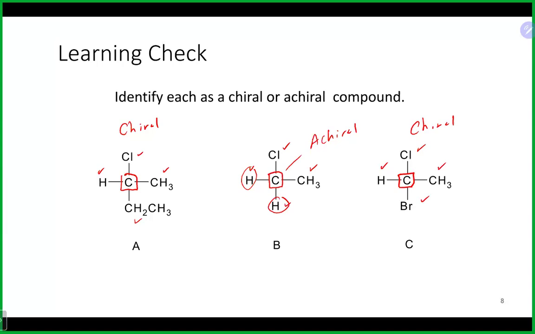And because there's only one carbon, that will basically tell you what the overall compound is, chiral or achiral. As I mentioned before, you can have, definitely with carbohydrates, as we'll see, multiple carbons in it. And you can have some carbons that are achiral in the compound, and you can have some that are chiral as well. And you can have multiple chiral carbons and multiple achiral carbons in a compound.